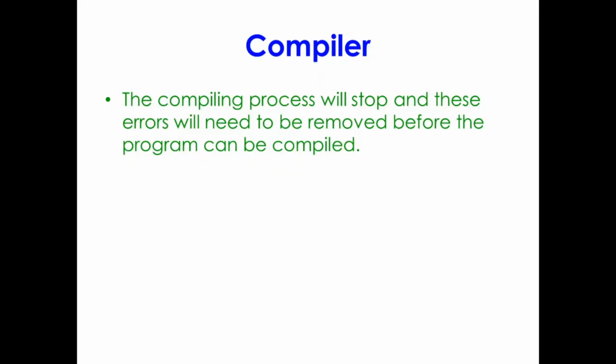And when you get errors on the screen, the compiling process will stop and you need to remove the errors before you can compile it again. So the errors are like grammatical errors. Maybe you missed something in the text and now the compiler will not understand it, so you need to correct it.